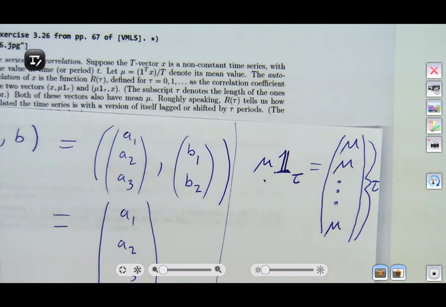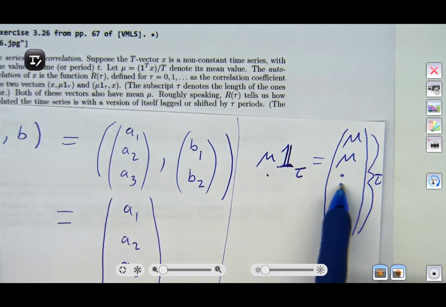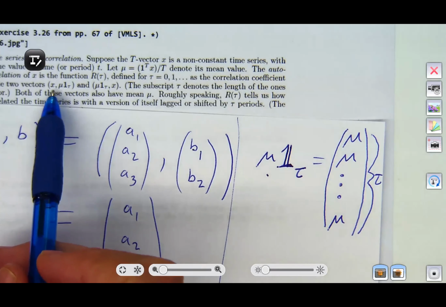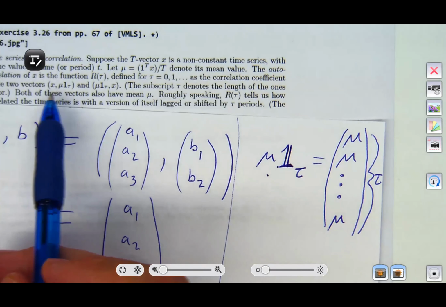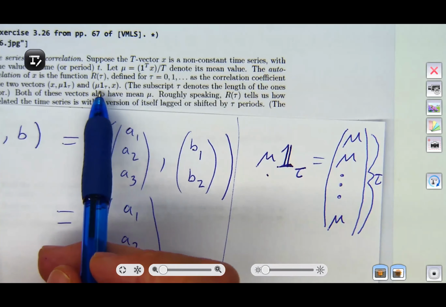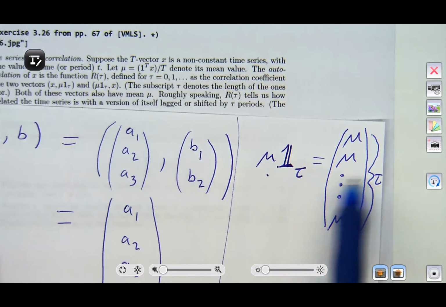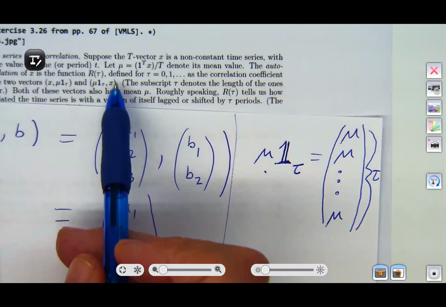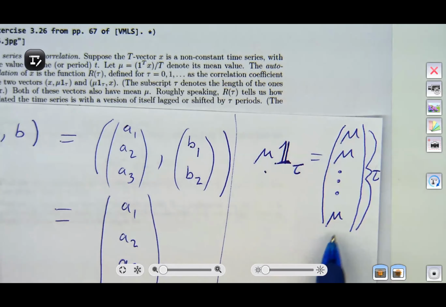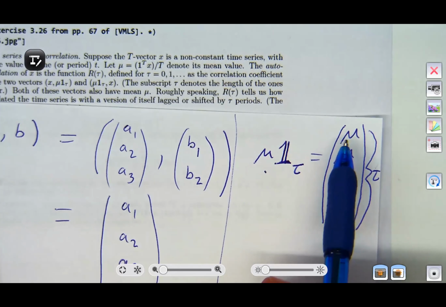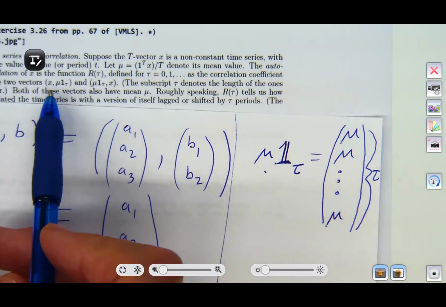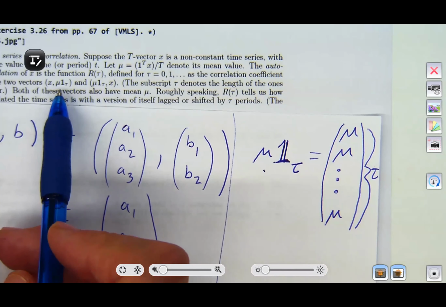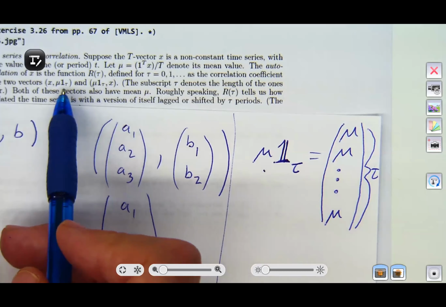Now, what we're doing is gluing this one onto X at the end. And in this second one, we're gluing X onto mu, but X is at the end, and the vector with mu's in it is at the front. So the length of both of these is uppercase T plus tau.